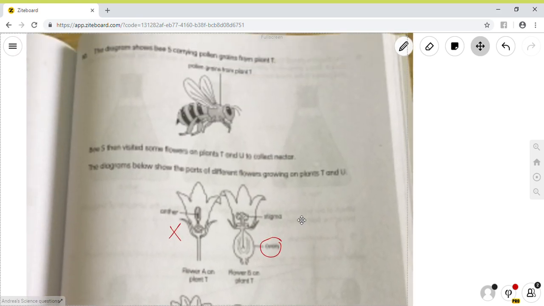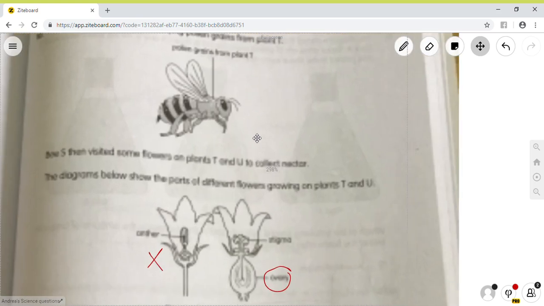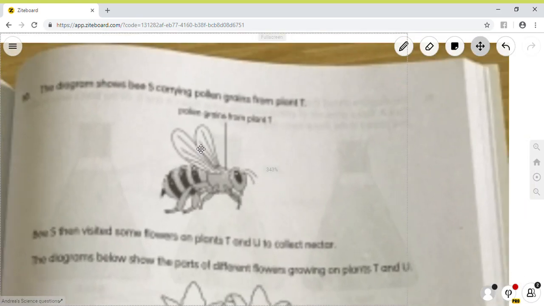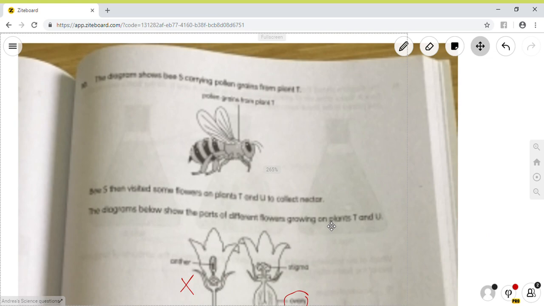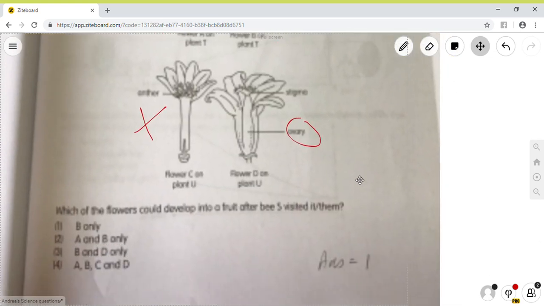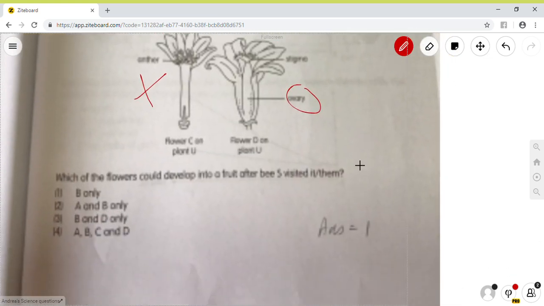U. Pollen grains from plant T. Okay, do you know what's the answer? I mean, do you know why is it 1? Do you have any idea why the answer is 1?